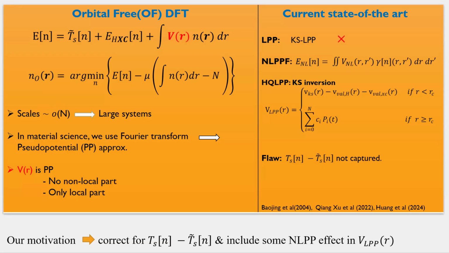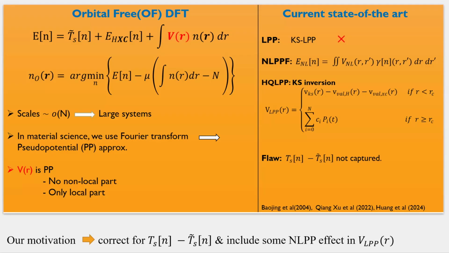In material science, we use plane waves in our calculations, and for that reason, there's a need for pseudopotential approximations, where the inner core electrons are replaced by a non-local pseudopotential. When we talk about pseudopotentials, there's always the local and the non-local part.